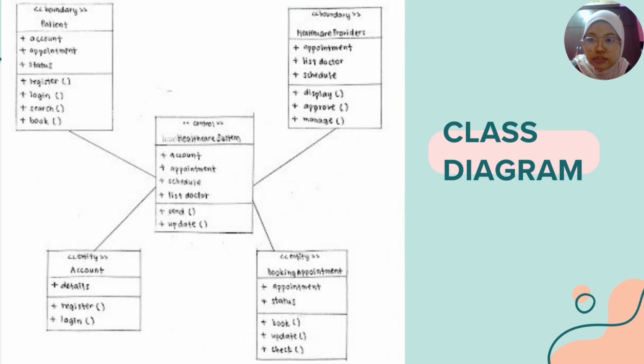And there are two boundary classes, which are the users of the system: the patient and the healthcare provider. For the first boundary class, the patient, the attributes are account, appointment, and status.